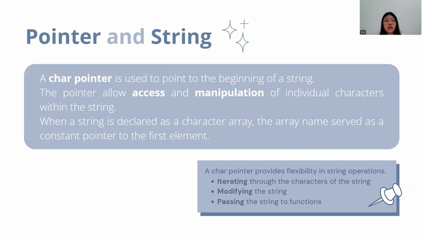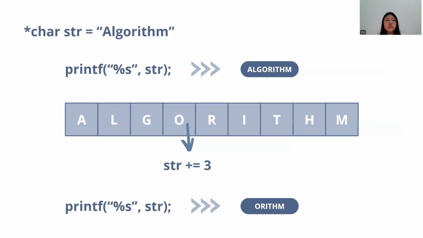When a string is declared as a character array, the array name serves as a constant pointer to the first element. A char pointer provides flexibility in string operations, including iterating through the characters of the string, modifying the string, and passing the string to functions.